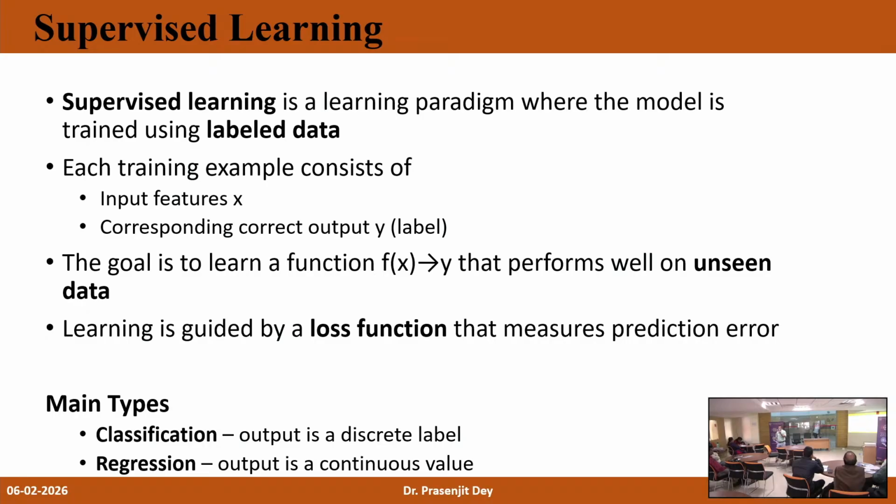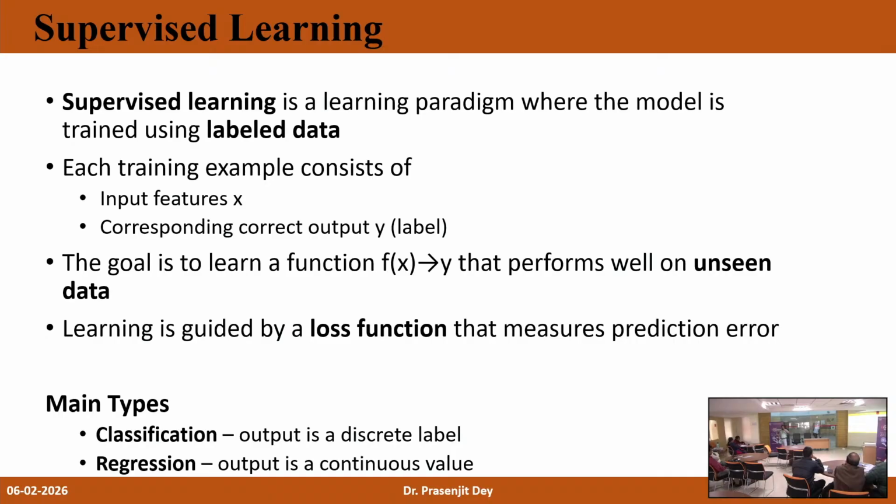In that case, whenever I feed some x value, the AI model or machine learning model will predict the y value. That prediction may not be the correct prediction. So whatever the predicted y value is, I need to compare it with the true y value, and the difference between them gives us the error.